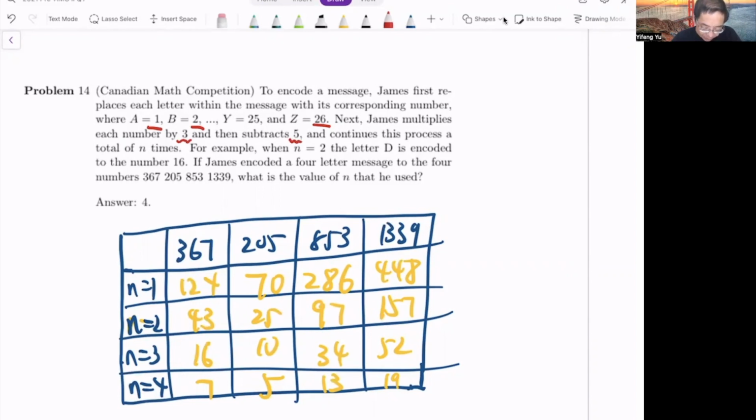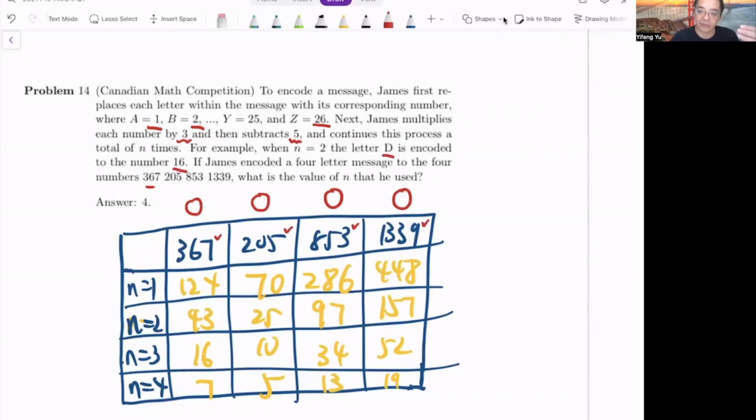For example, when n is 2, the letter D is encoded to the number 16. If James encoded a 4-letter message to the 4 numbers 367, 205, 853, 1359, what is the value of n that he used, right?